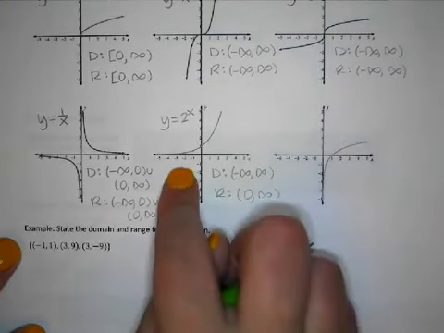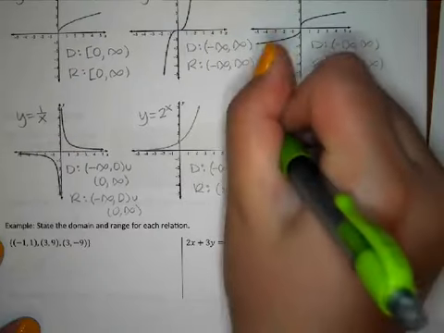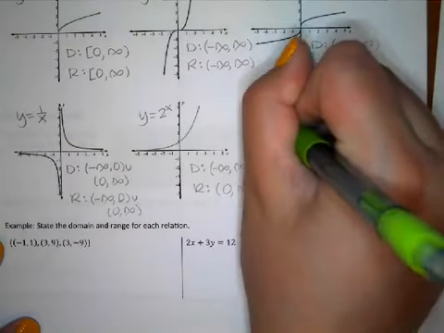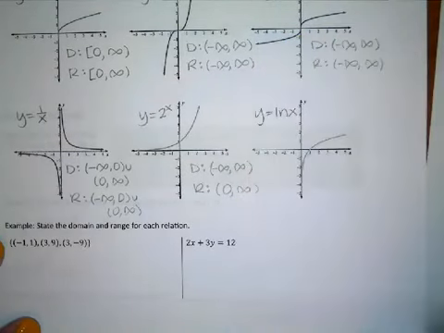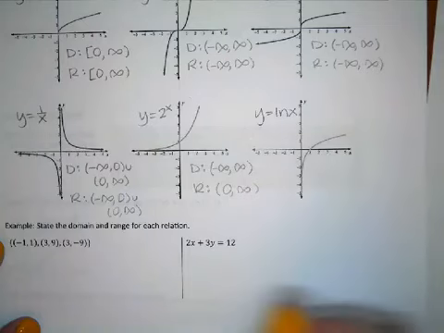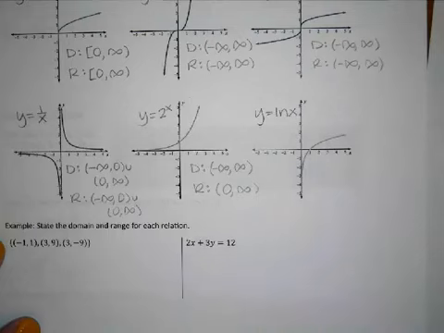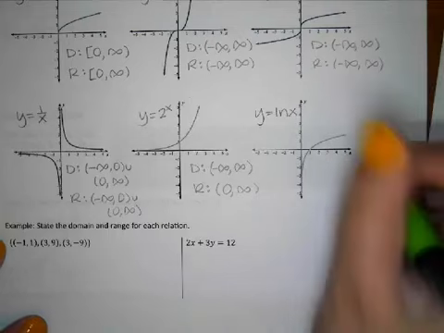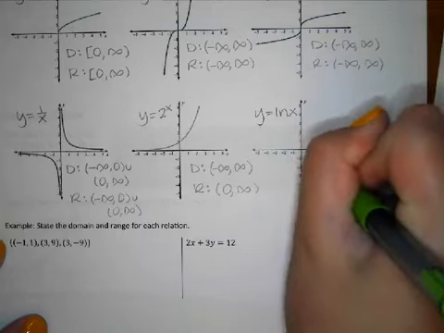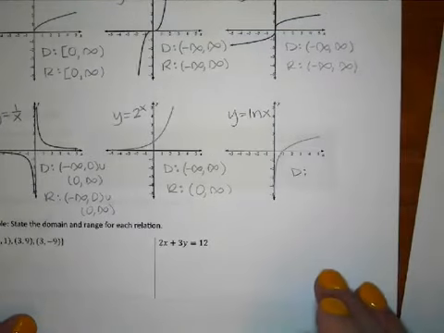The last is y equals ln x, which is log base e of x, or log base 2 of x would look similar, log base 5 of x would look similar, log base 10 of x would look similar. So for these, there's some limitations on what you're allowed to plug in. You can't take the log of 0, and you can't take the log of a negative number.